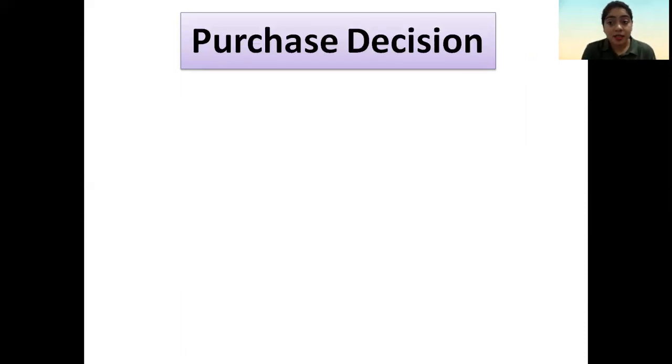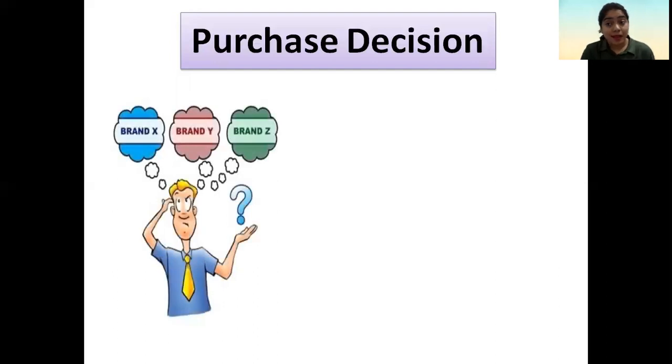This purchase decision stage will enable a consumer to take a final decision because there are various brands available in the market, and he has to select the best one. There are some unanticipated situational factors which may affect a consumer's final buying decision, such as your family income, your loss of job.